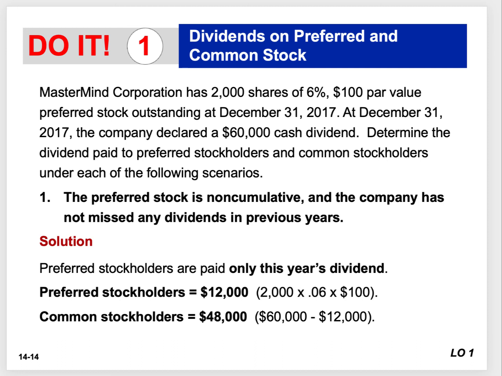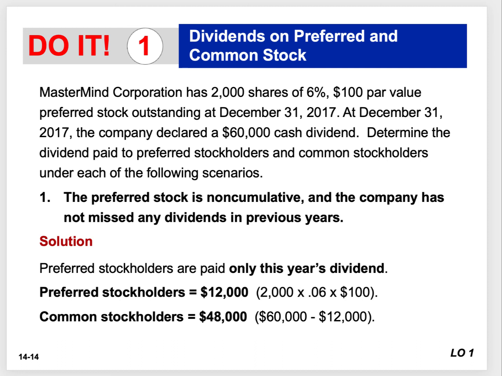Again, I've said it numerous times, you should probably put this in your notes. How do we calculate the dividends in total that we have to pay? We take our number of shares outstanding, 2,000, times 6%, which is the stated rate, times the par value per share, which is $100.